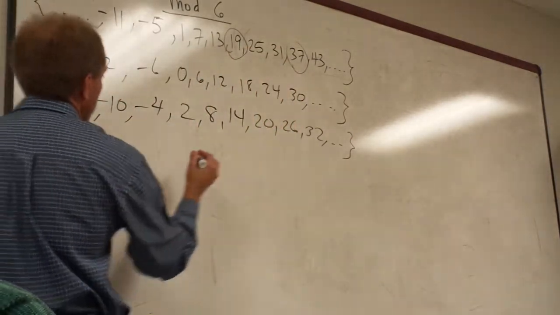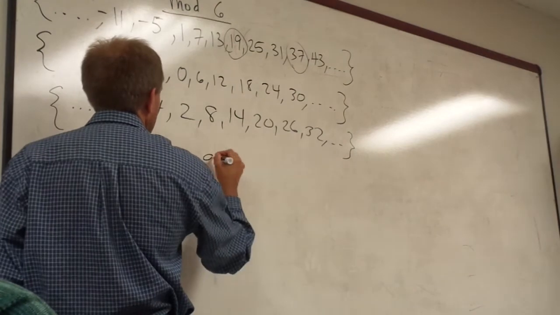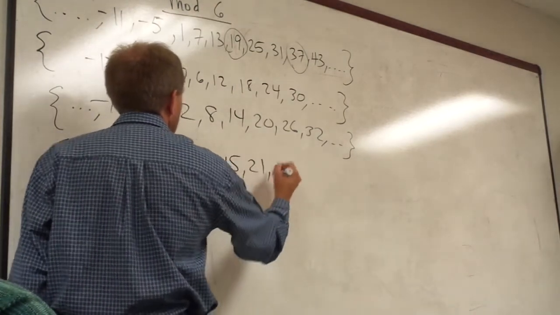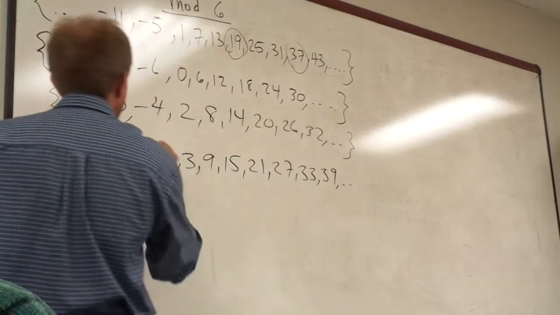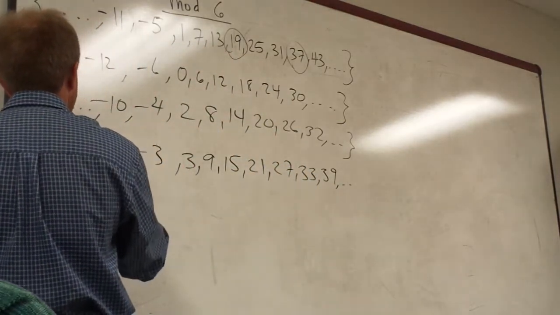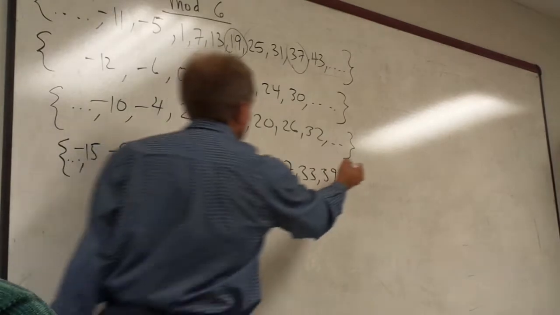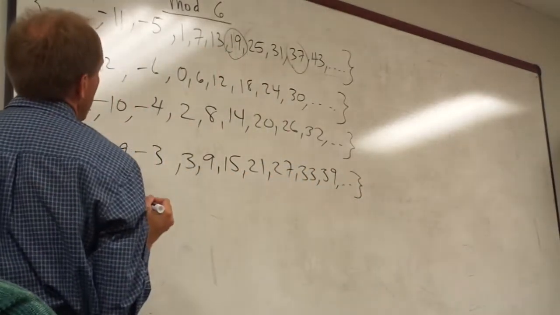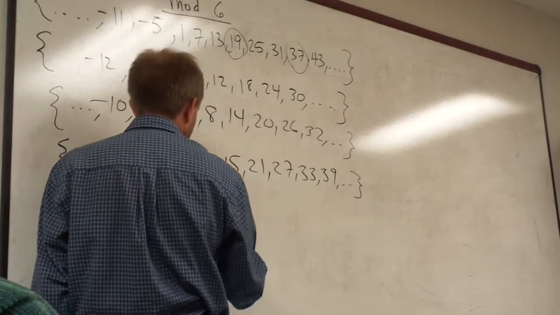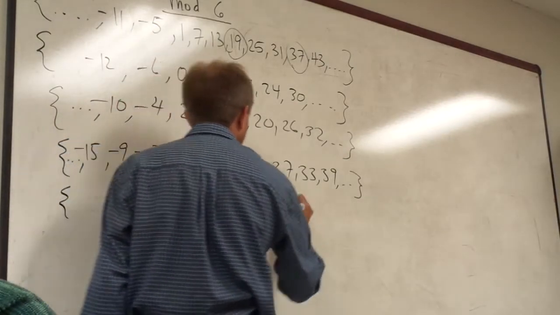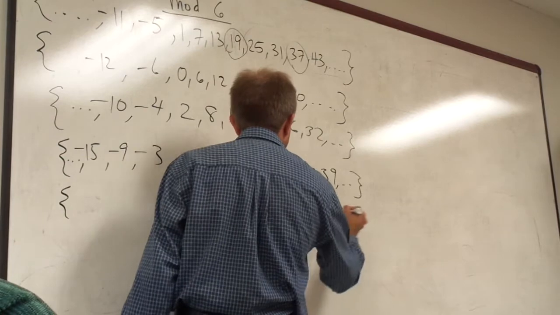There's another one, which would be 3, 9, 15, 21, 27, 33, 39, and then negative 3, negative 9, negative 15. And then the next one would be 4, 10, 16, 22, 28, and so on.